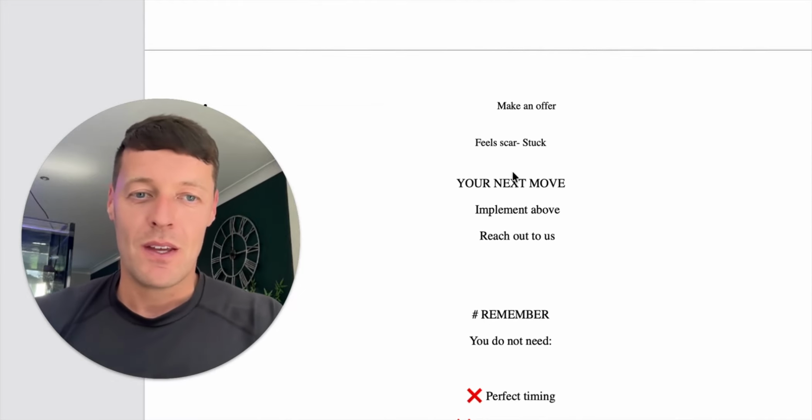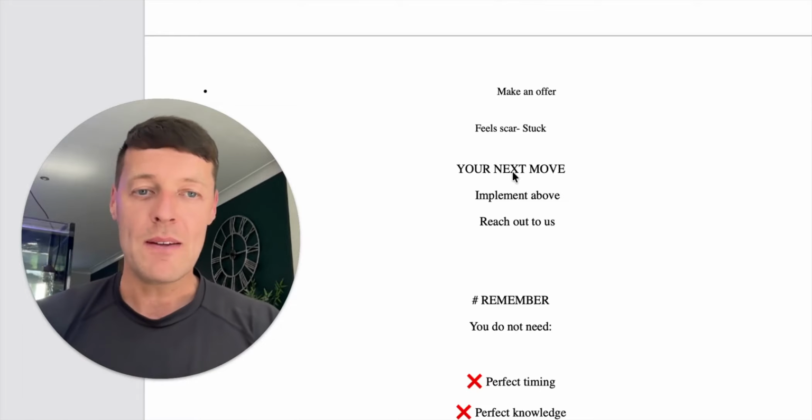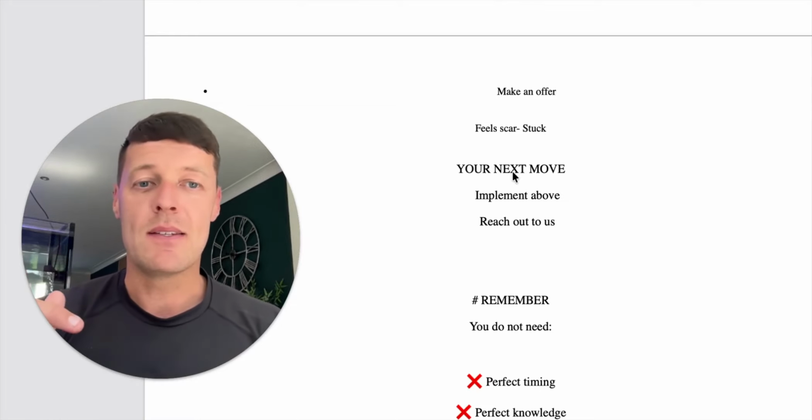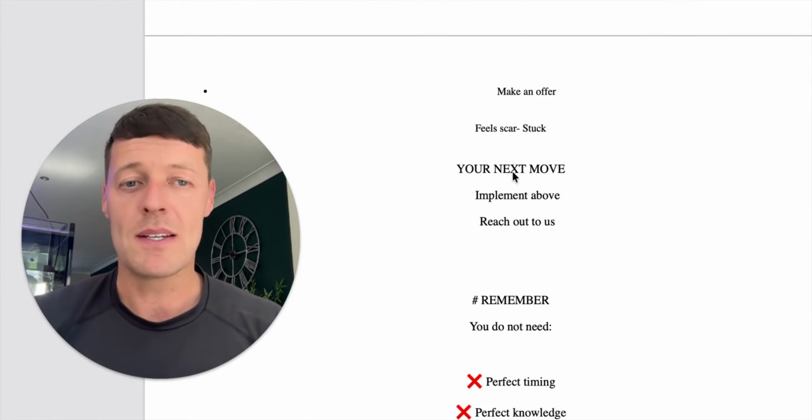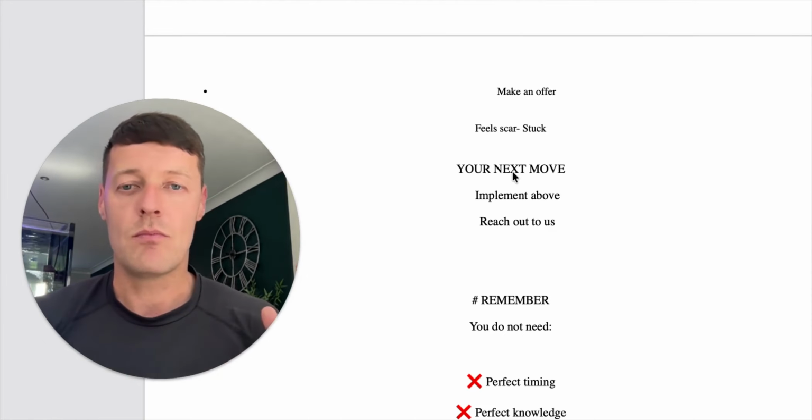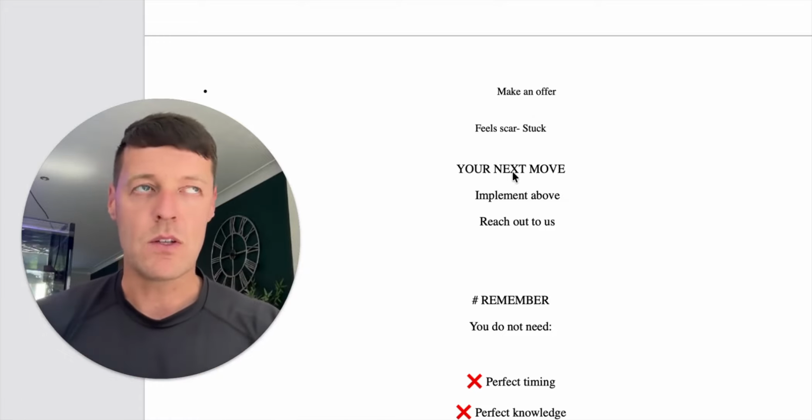So your next moves, what are they? Firstly, implement the above. Go through those stages, even write it down because that will massively help. Then reach out to us if you feel you need more help.